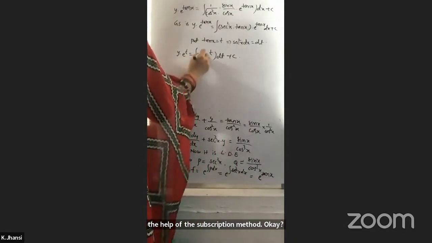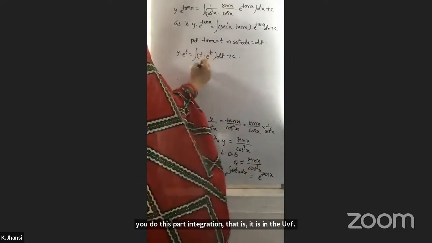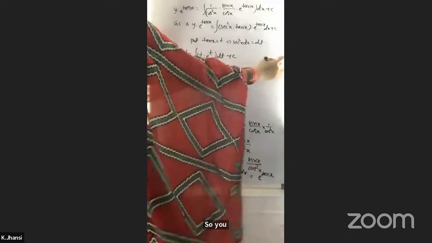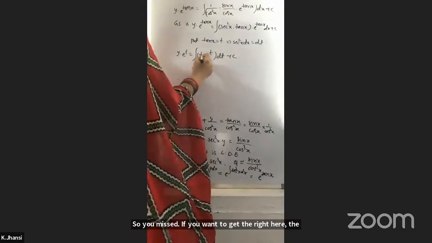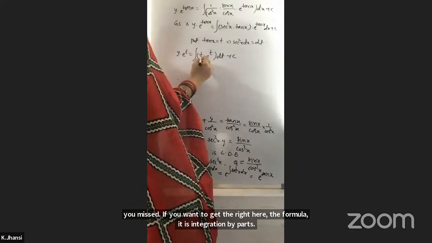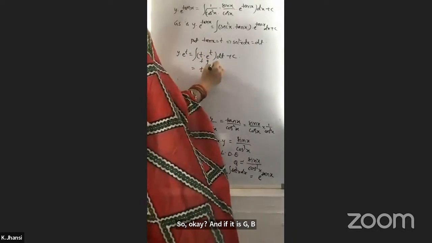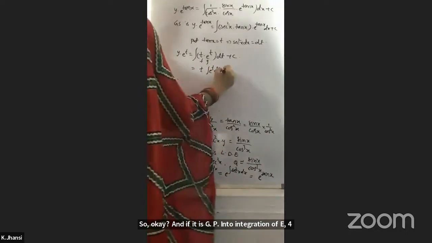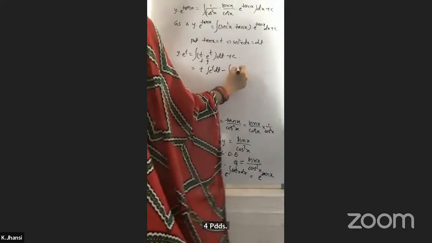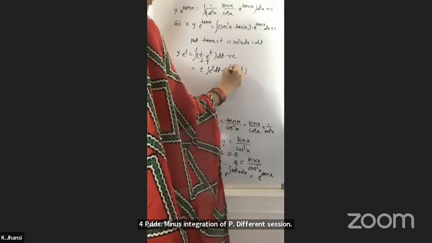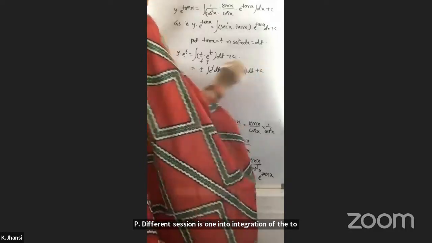Now you do this integration by parts, as it is again in the UV form. If you want, you can write the formula here. Integration by parts: t into integration of e power t dt minus integration of the differentiation of t, which is 1, into integration of e to the power of t dt, plus c.